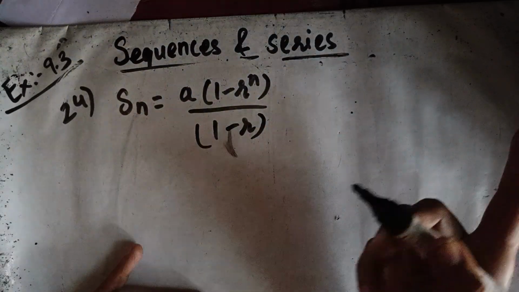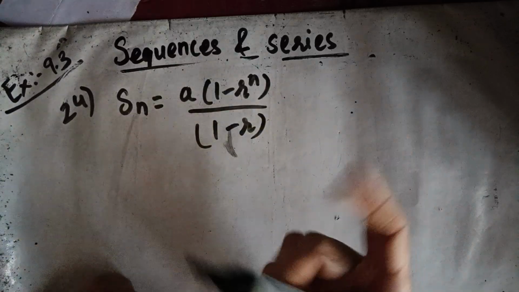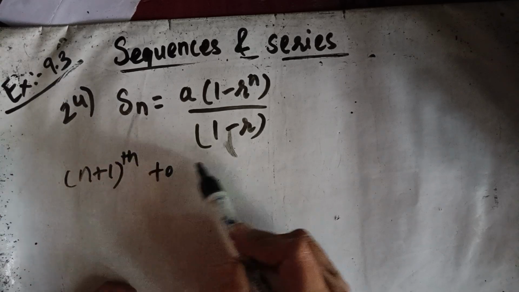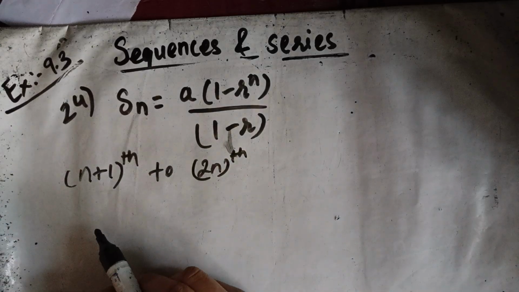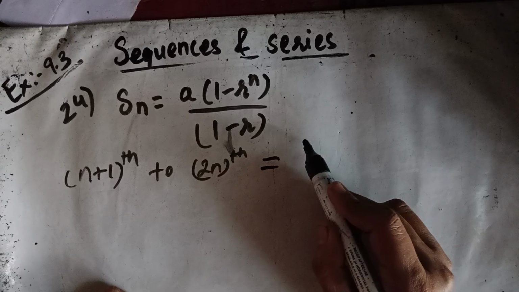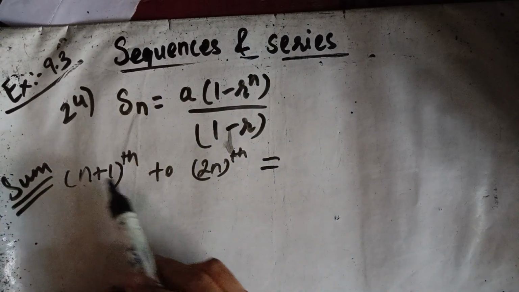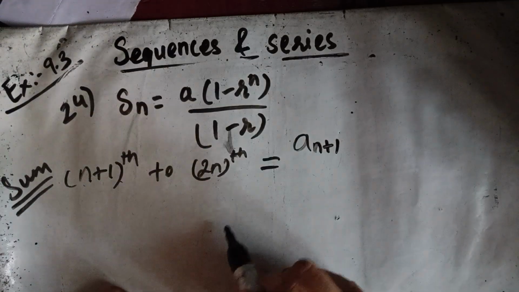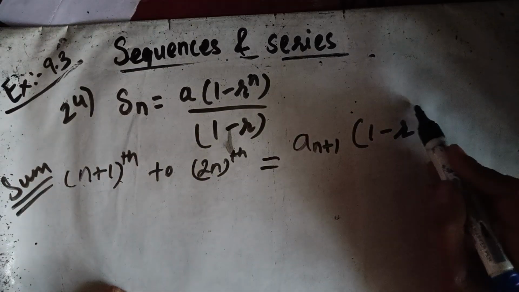Then they have taken the sum of n plus 1 th term to 2n th term. The sum of this is given by: first term will be the n plus 1 th term, so a is a n plus 1, times 1 minus r raised to 2n.